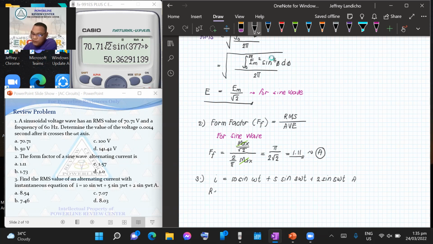So what would be its corresponding RMS value? So let us consider capital I na lang. No? So paano ba natin kunin yung RMS value for this given waveform?